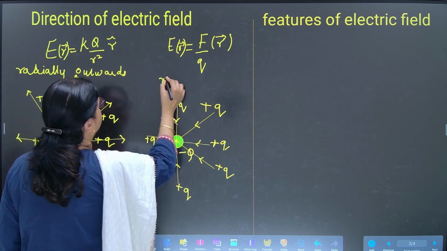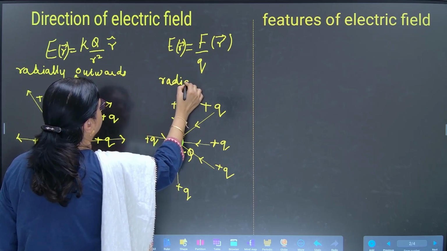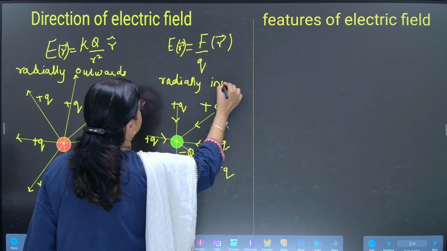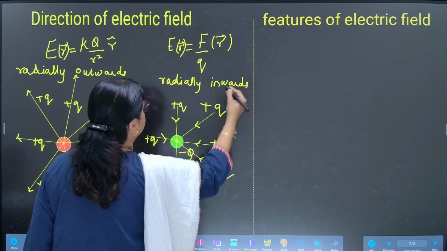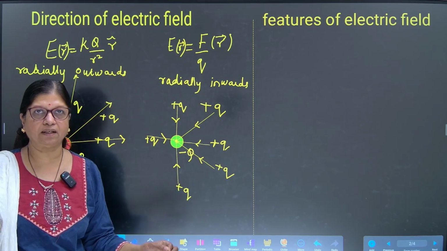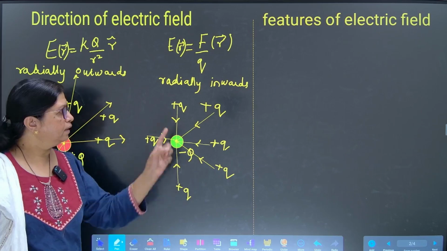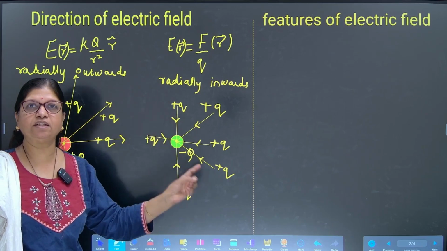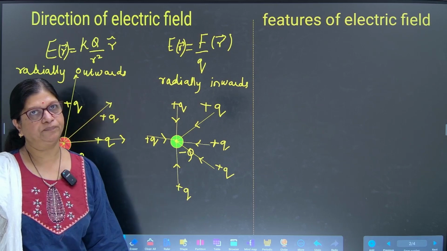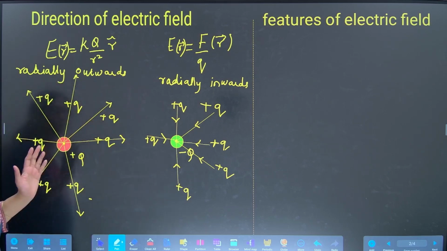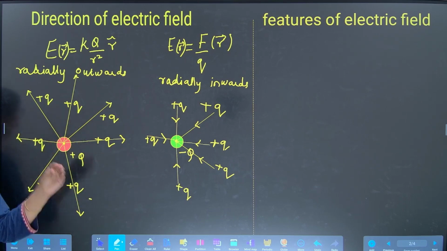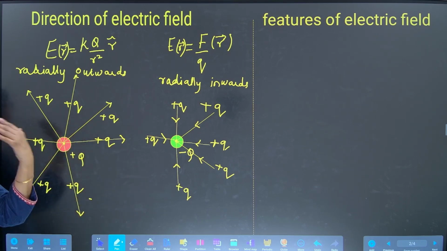So remember that if the source charge is negative, then the direction of the electric field is drawn radially inwards towards the negative source charge. Clear? Okay. So you can understand the difference and draw it. As you draw, you will be able to understand it better.